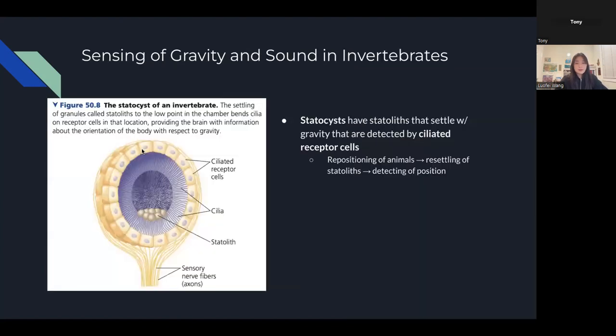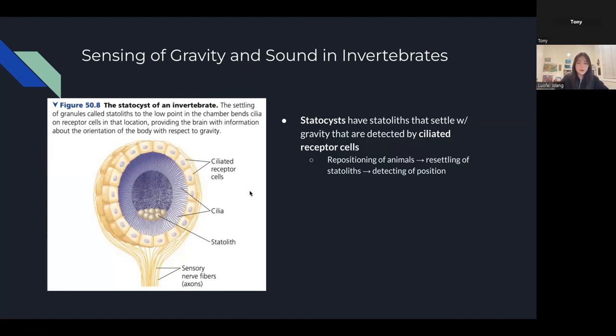Okay, so this is sensing of gravity and sound in invertebrates. Invertebrates will have statocysts, which are kind of like little bubbles. The outside layer is a layer of cells with cilia, like little hairs. Inside of that statocyst, there will be statoliths, which are like little particles.